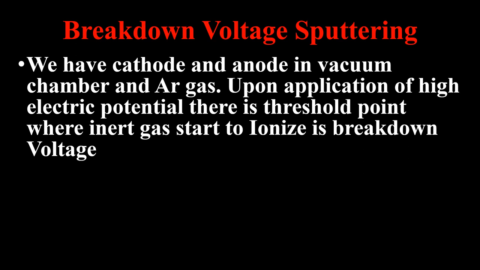In the sputtering device there are a cathode and an anode. They are connected with a high potential, and this high potential draws the electrons with higher energy toward the inert gas atoms, and they get ionized, resulting in ions.